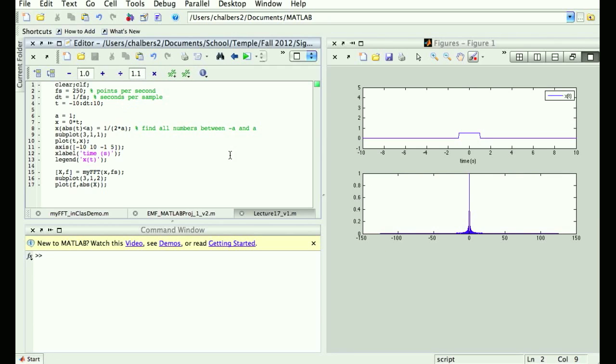So basically, whatever your sampling frequency is, it looks like your frequency axis goes from minus half the sampling frequency to plus half the sampling frequency. Now, if I set a equal to 1, what value is the first frequency, the zero crossing I'm expecting?